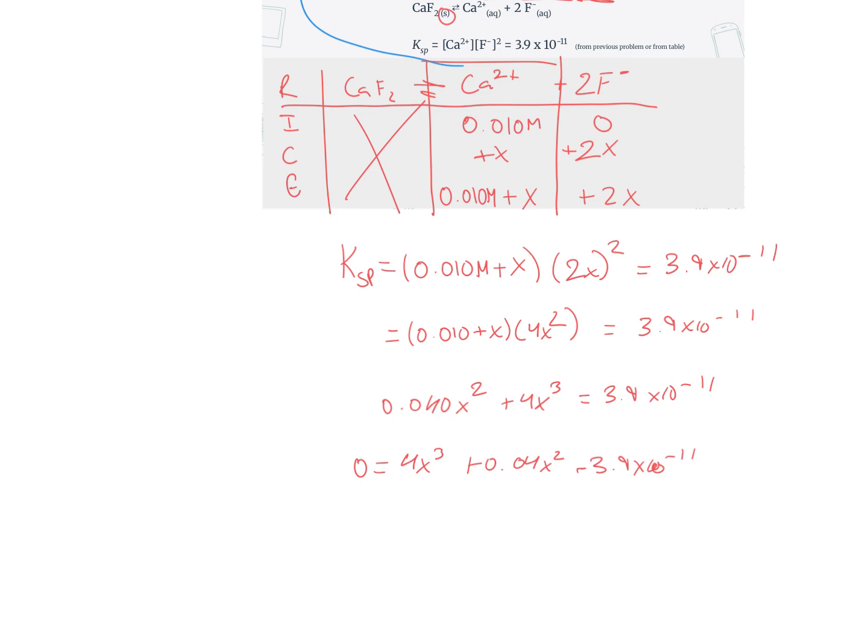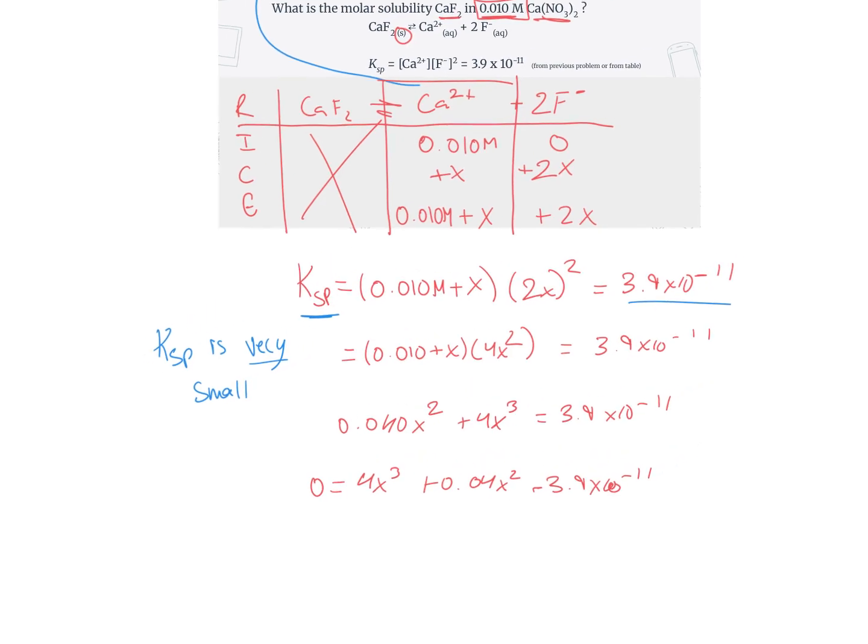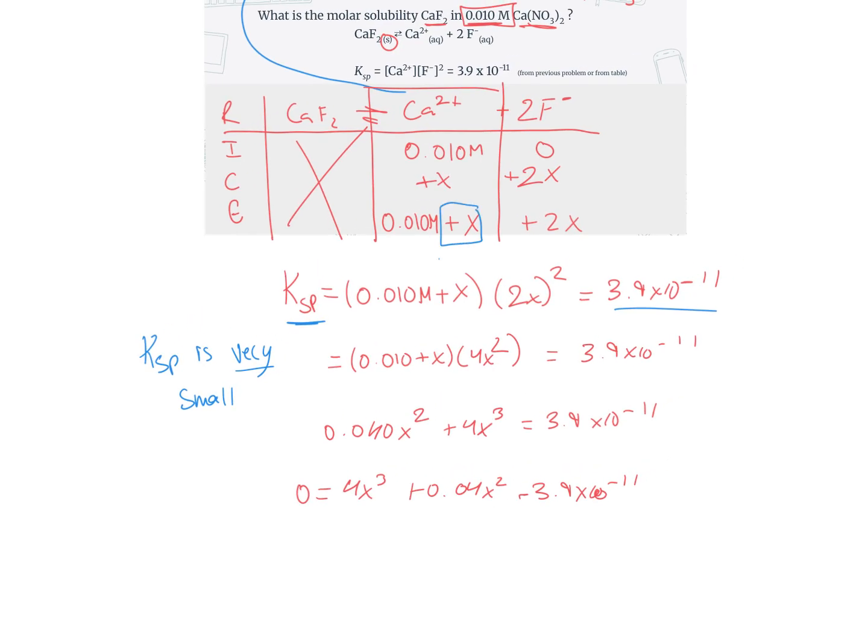And of course, you do have a calculator on the exam, but we can use the assumption we talked about before, which is that KSP is very small. Our number here is 3.9 times 10 to the negative 11th. And so just like we did in previous problems, we can ignore this term because x is going to add pretty much nothing to 0.01.